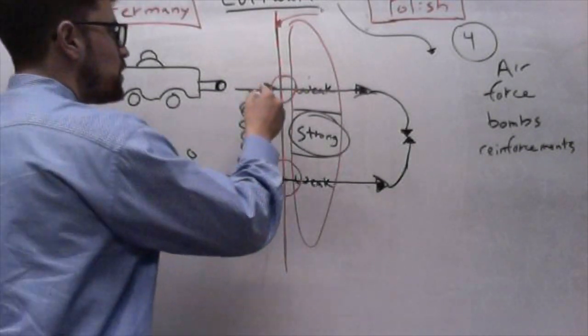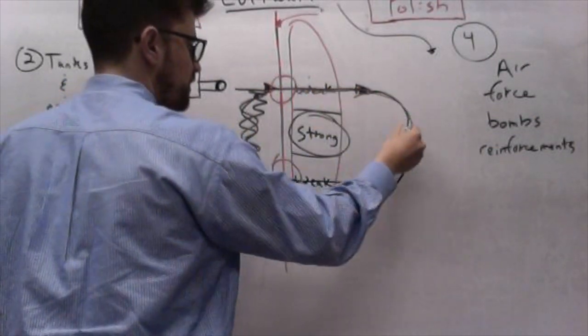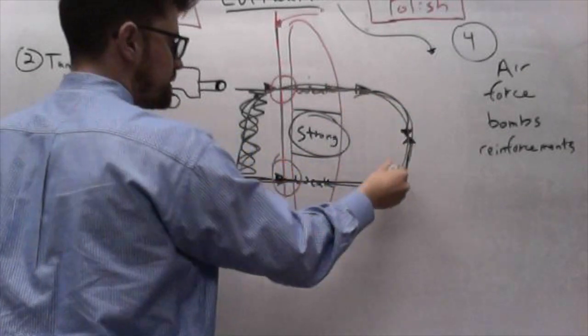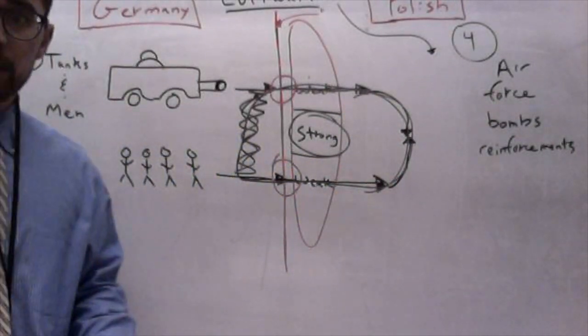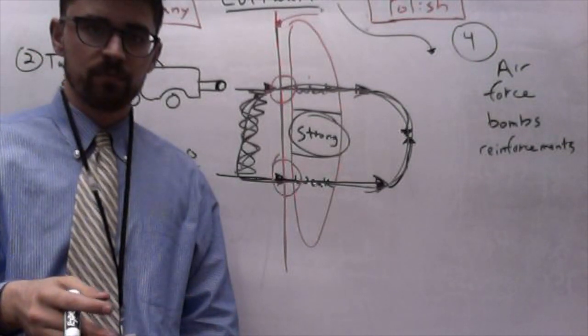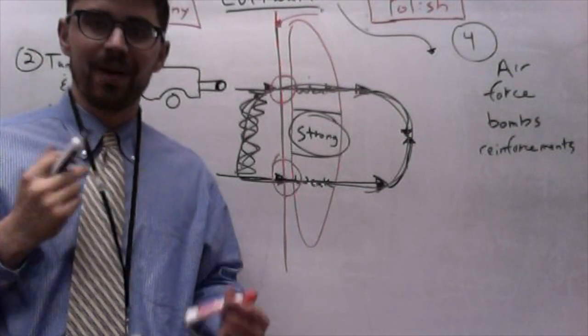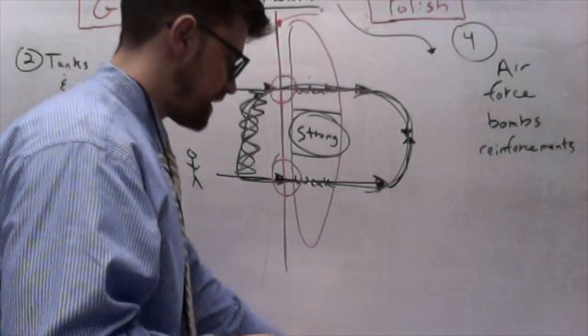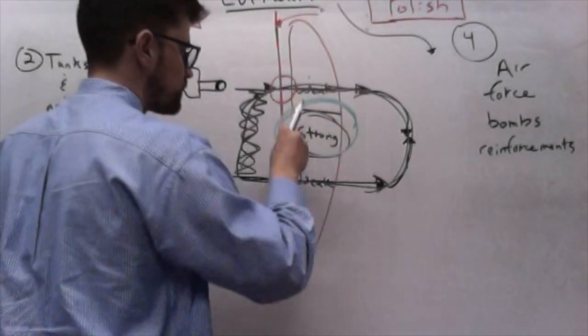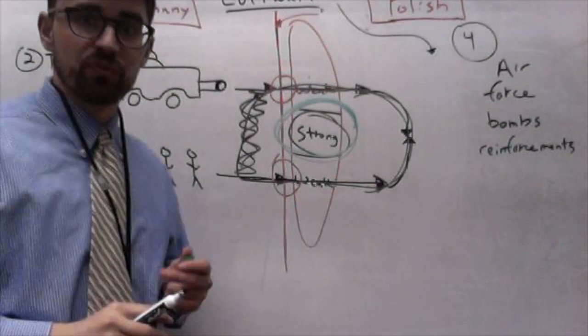Now, all along this broken front, everything that I just highlighted and went over is German troops, German tanks. So in essence, what happens is that this strong force in the middle is surrounded.